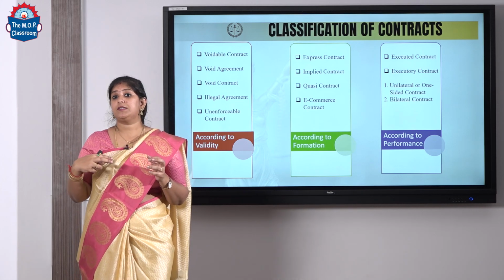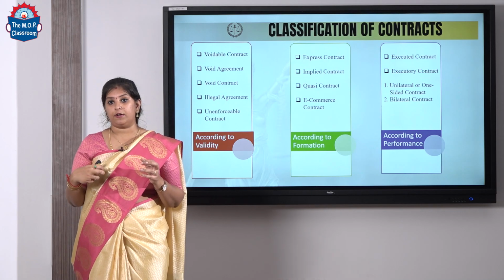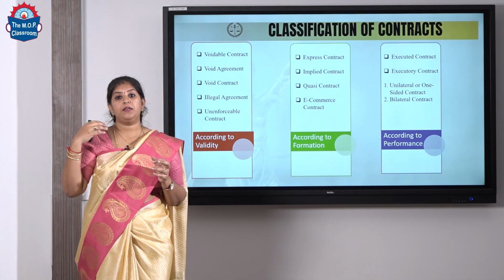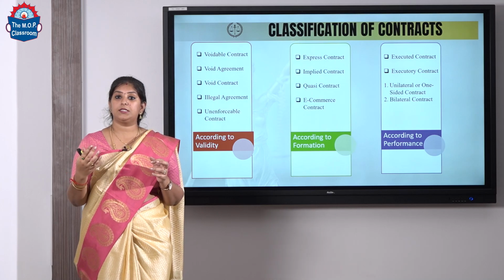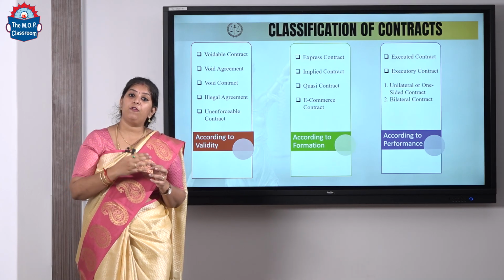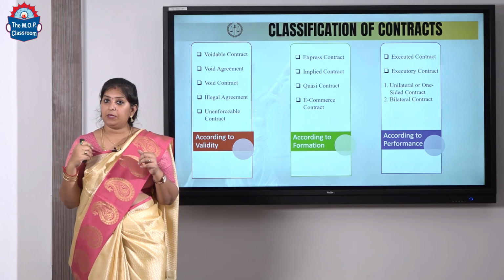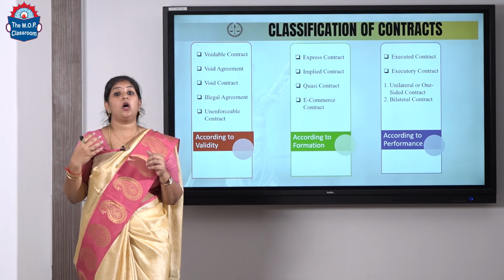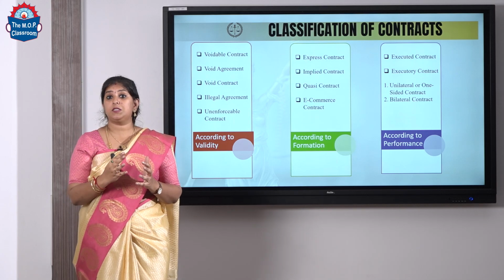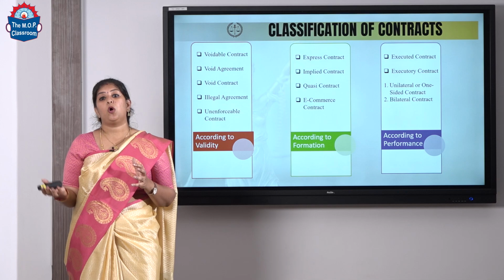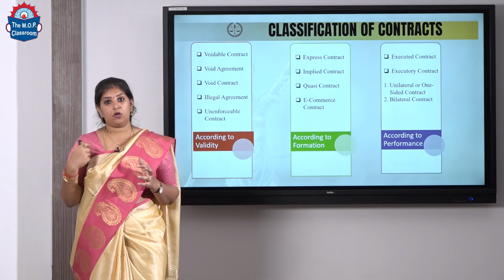There are two other situations which come under voidable contract. Say for example, if a person has made an offer and promised the other person that he will fulfill the agreement within a specified time limit, but is not able to perform that contract within the agreed time limit, then that contract will also be treated as a voidable contract.